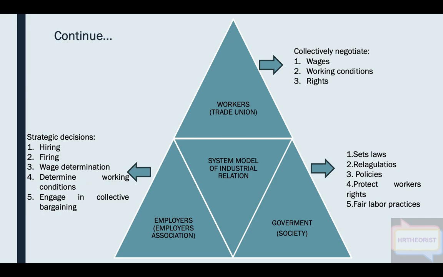Let's say in a manufacturing company, the system model considers how management, workers, unions, and government regulations interact and influence each other to shape labor policies, working conditions, and collective bargaining outcomes.